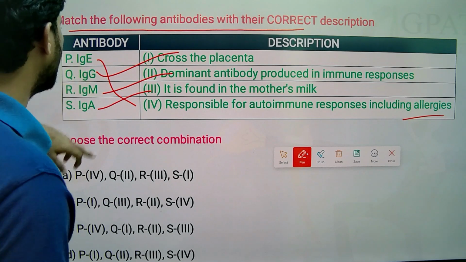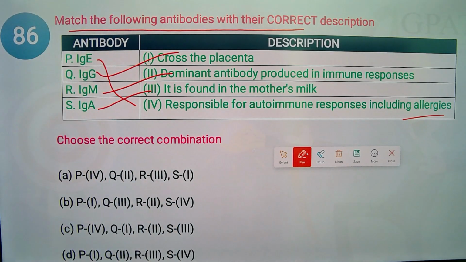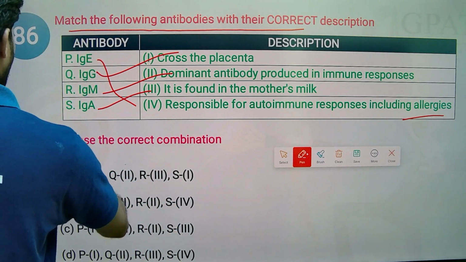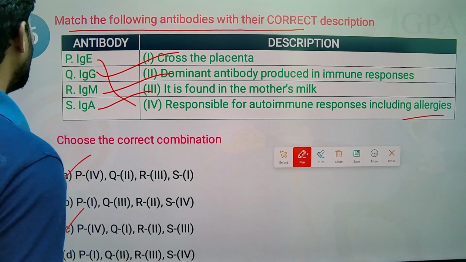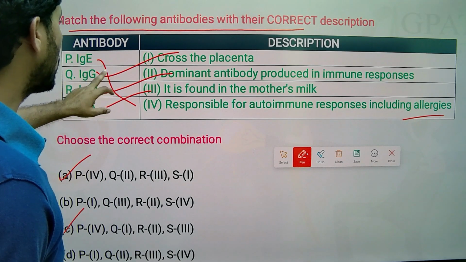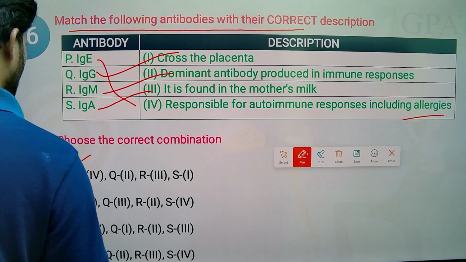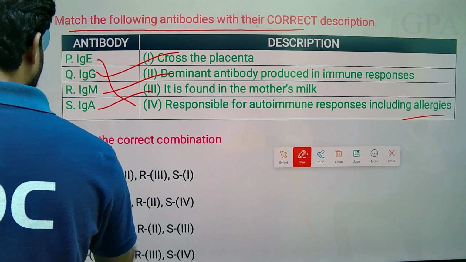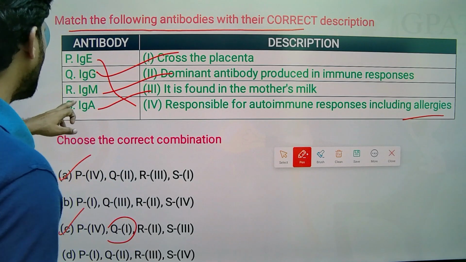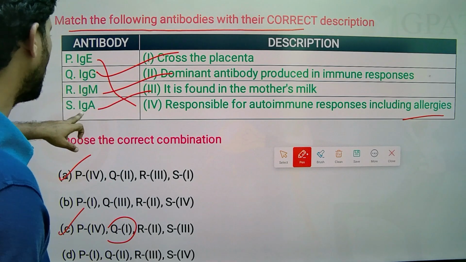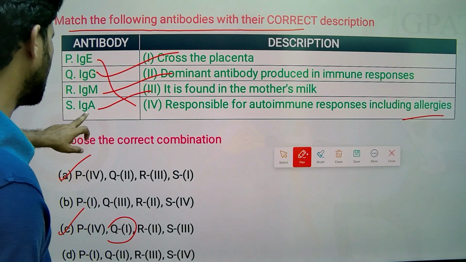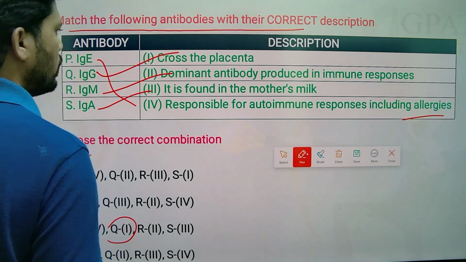P is simply 4, and P4 is in option A and option C. IgG crosses the placenta, so Q is 1, and only option C fits. R is 2, IgM, the dominant form, and IgA is present in secretions, so S is 3, found in the mother's milk.